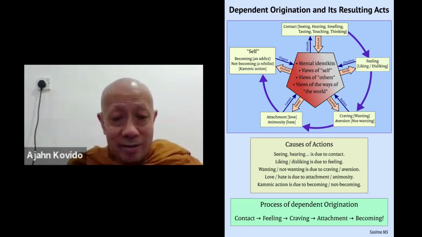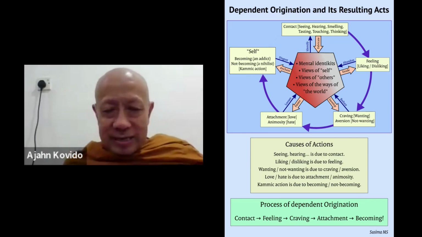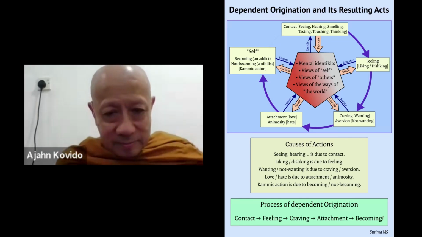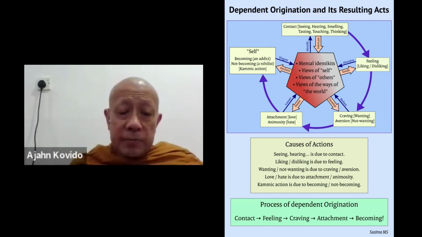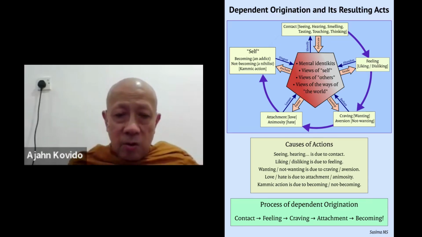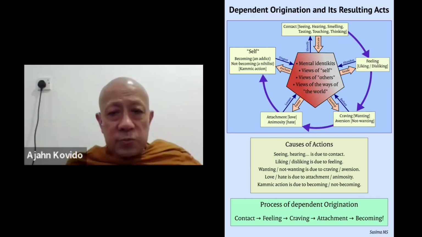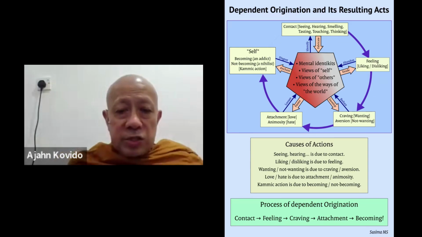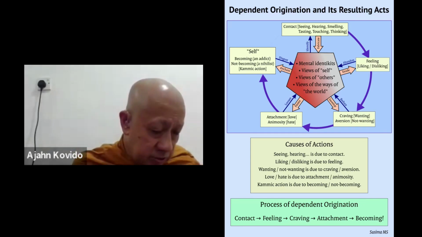Because we like it, we crave it, we attach to it, and become one who is addicted to the internet. Okay, so that's the process of dependent origination. It progresses from just a feeling of like or dislike, and can end up being an addict. So we want to be able to reduce, to stop this process of dependent origination.